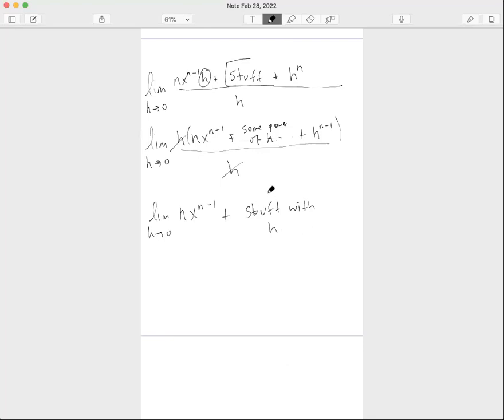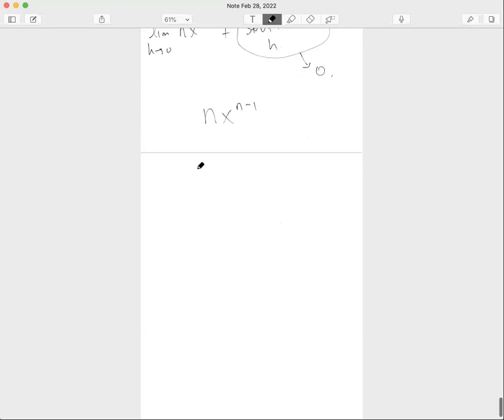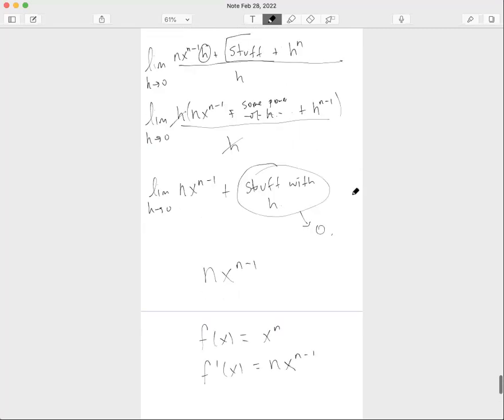What do all these terms go to? 0. Yeah, all these go to 0. So what's the derivative? It's n x to the n minus 1. So if my function is x to the n, my derivative is n x to the n minus 1. That's what we just showed.